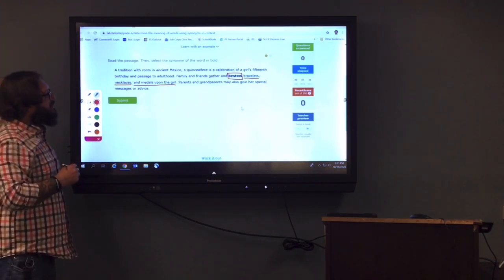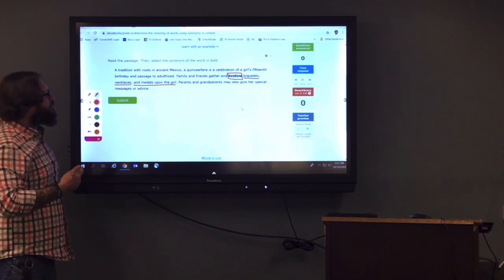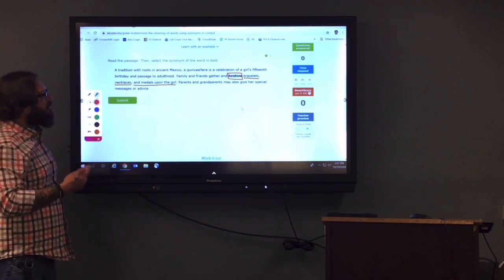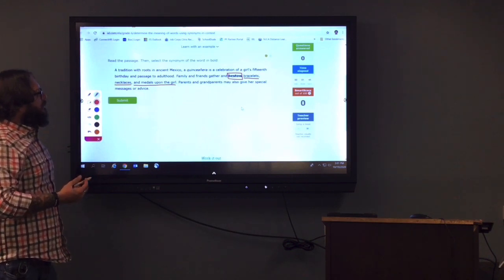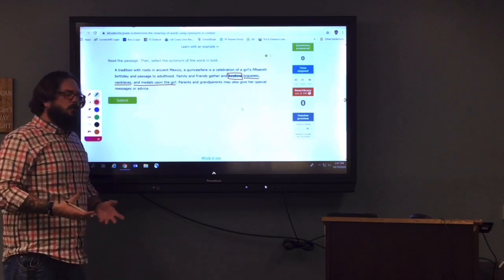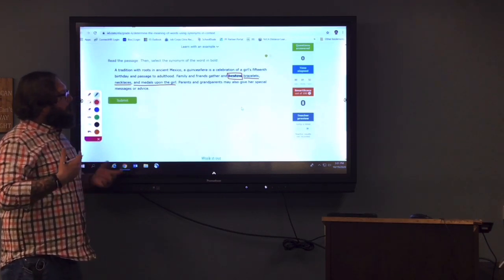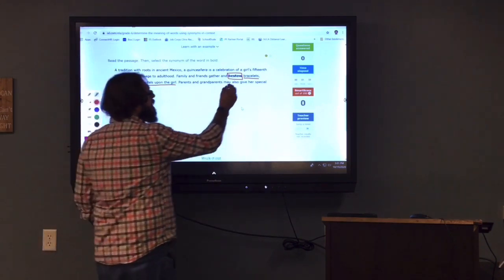The next sentence says, parents and grandparents may also give her special messages or advice. So we're told that family and friends bestow things to her. And then it says that they may also give.